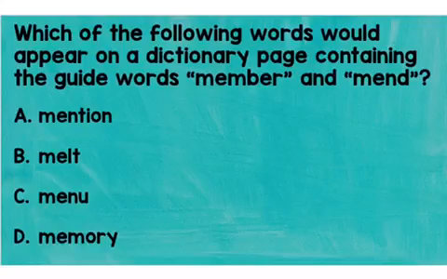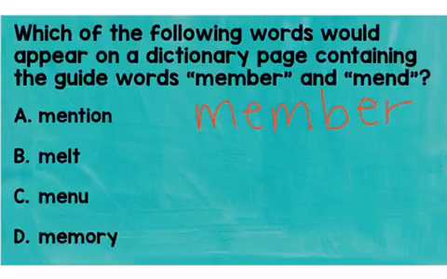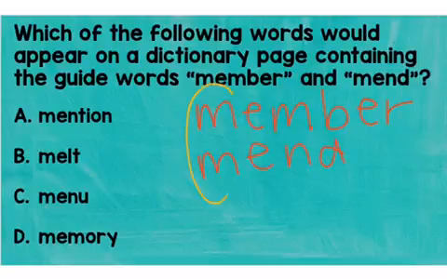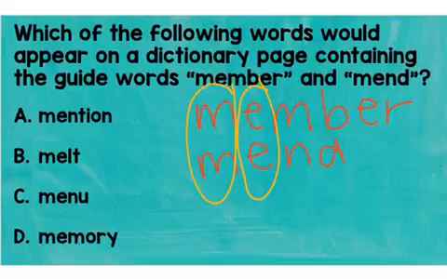How about these examples? Which of the following words would appear on the dictionary page between the guide words member and mend? So member and mend. My M's are the same, my E's are the same. So I need to find something that comes after MB, but before ND.